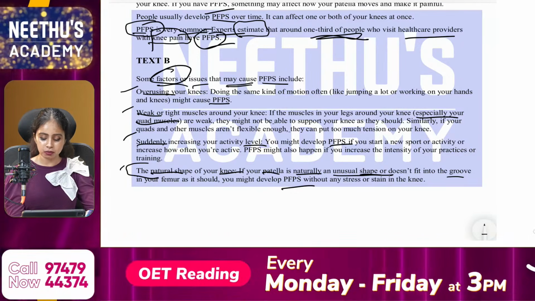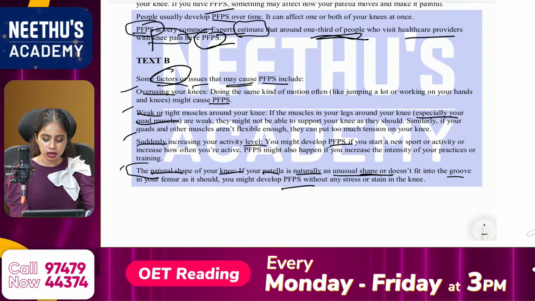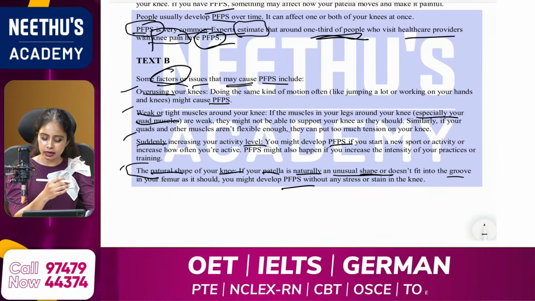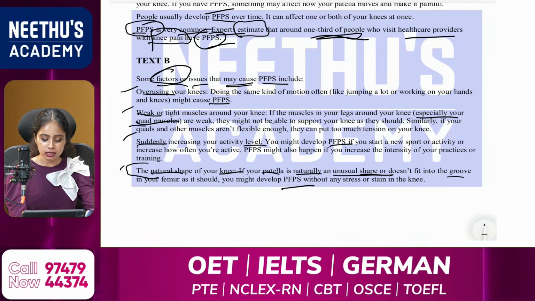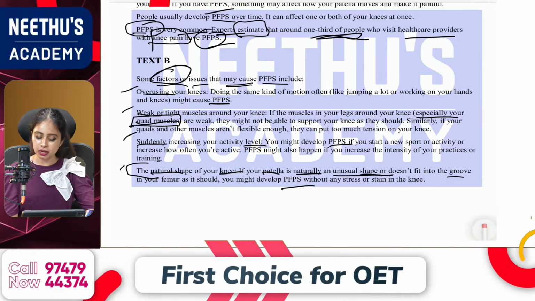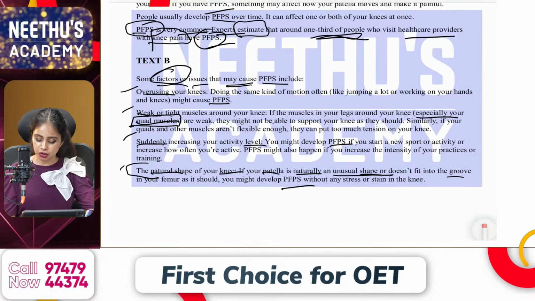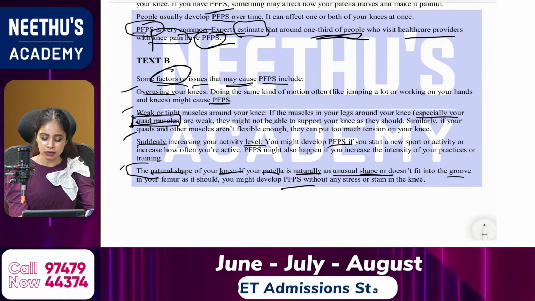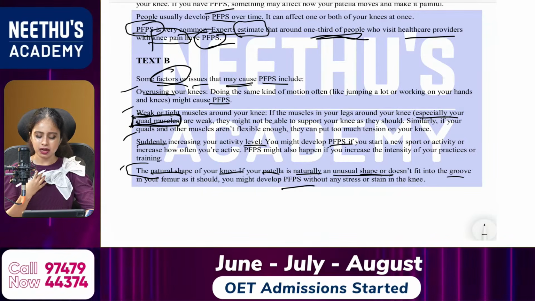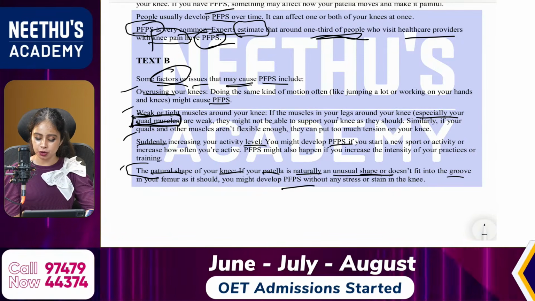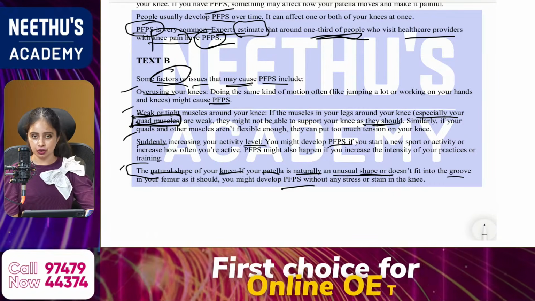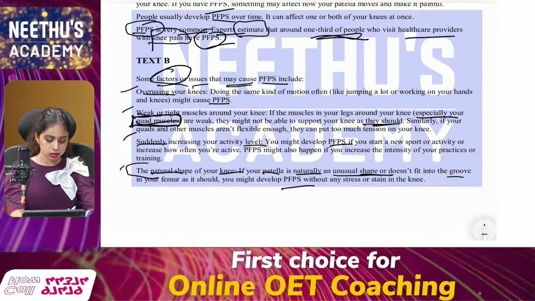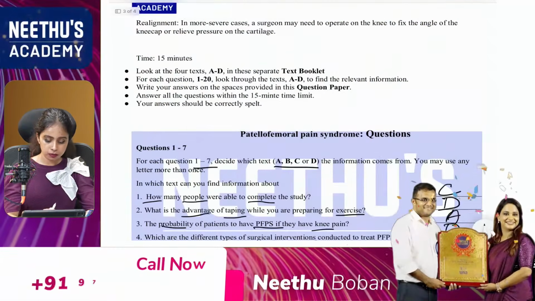The name of the muscle is mentioned under the line: if the muscles in your legs around your knee, especially your quad muscles, are weak, they might not be able to support your knee as they should. So the answer is quad muscles.